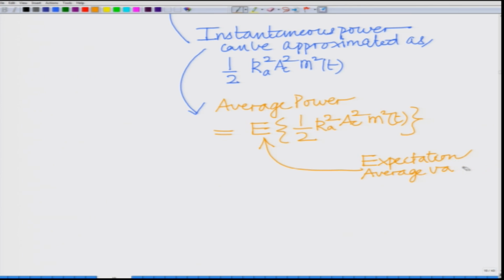Therefore, I can bring the constants outside: half k_a square A_c square times the average value of the quantity m square t.